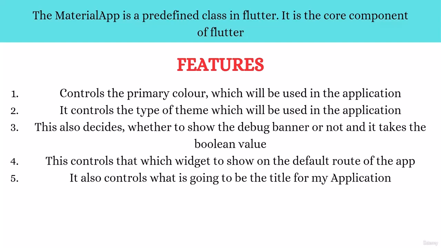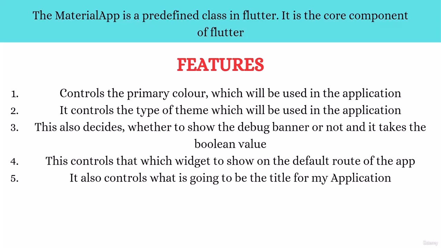The next point is that it also decides whether to show the debug banner or not, and it takes a Boolean value. If you have noticed, once I opened my application, on the top right corner there was a small banner known as the debug banner, where it was written debug.